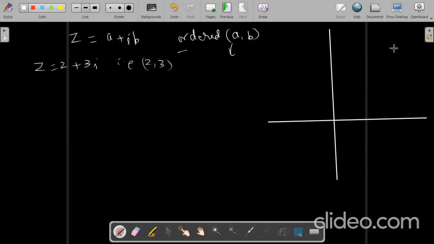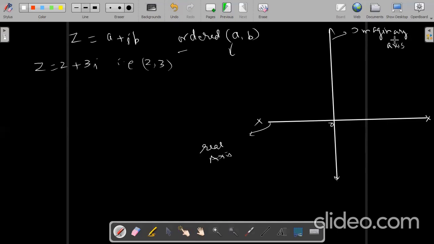So on a plane, this x is the x axis. On the x axis we are representing the real part, so that's why it is called the real axis. And we are representing 3 iota on the other axis, so that's why it is called the imaginary axis.